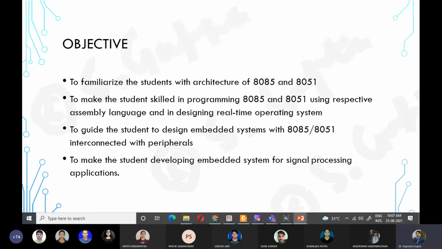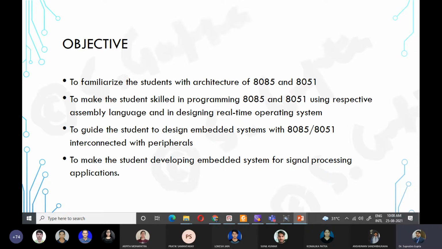You also should be able to develop embedded systems for signal processing applications, because we will see after a couple of slides that we can apply these for various signal processing tasks. This is essential because whenever you work with systems, we also need measurement of some parameters or signals of those systems.